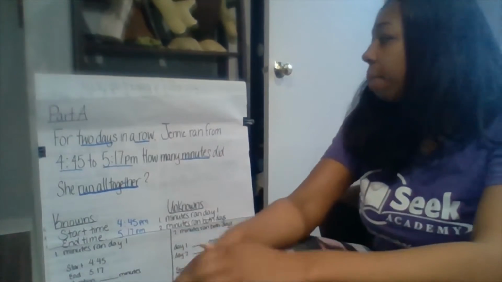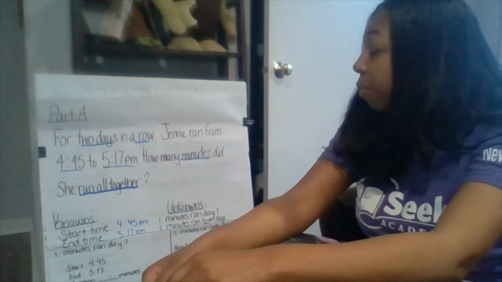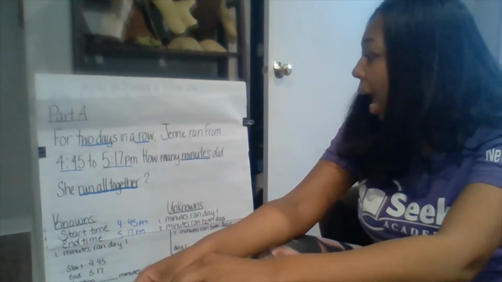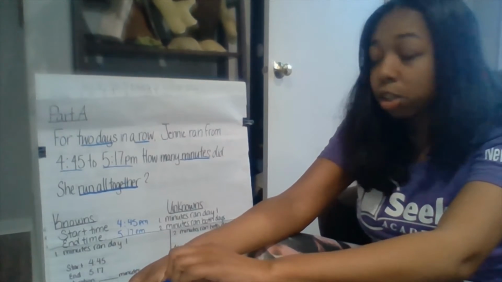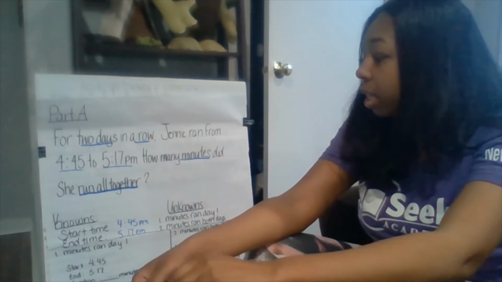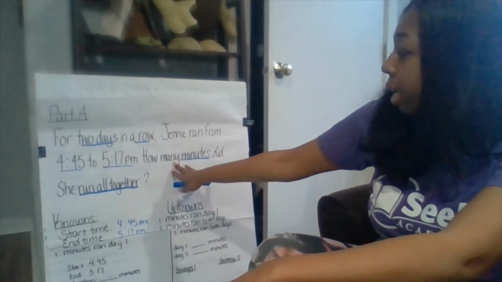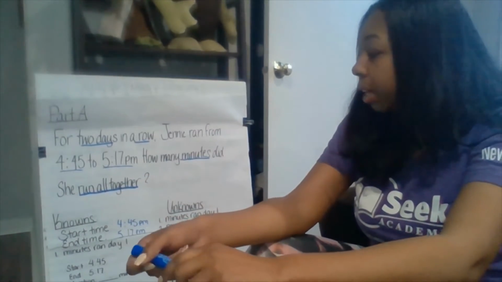And I also need to think about the relationship between our knowns and unknowns. She ran from 4:45 p.m. to 5:17 p.m. And I need to think about how many minutes did she run altogether. So I know that I need to do something with these knowns, and I noticed that she ran 2 days in a row, and that we need to figure out how many minutes she ran altogether.